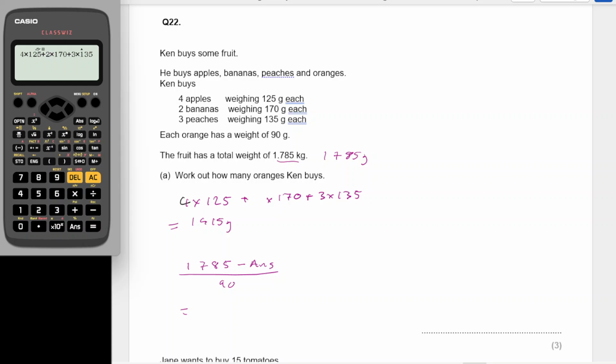So 2 times 170 plus 3 times 125, 1245. So 1785 minus my last answer, and then divide that by 90. So 6.